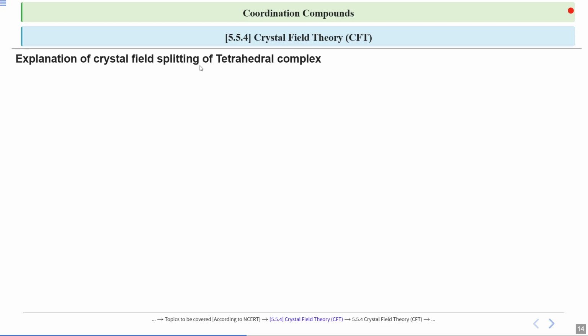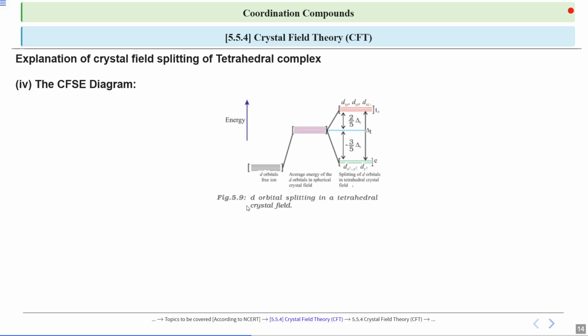Explanation of crystal field splitting of a tetrahedral complex. Let's see the crystal field splitting energy diagram. This is the d orbital splitting in a tetrahedral crystal field. The free ion d orbitals are degenerate, having the same energy.